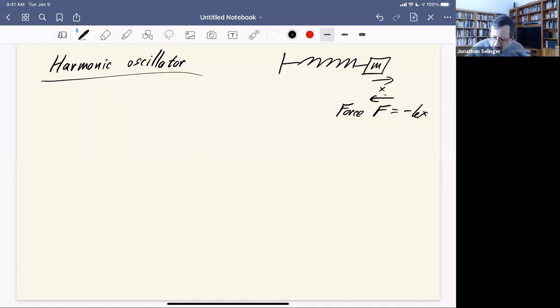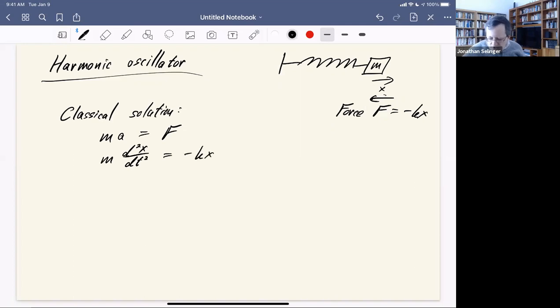The classical solution is to say we want to solve that the mass times the acceleration is equal to the force. So the mass times the second derivative of position with respect to time is equal to minus kx.